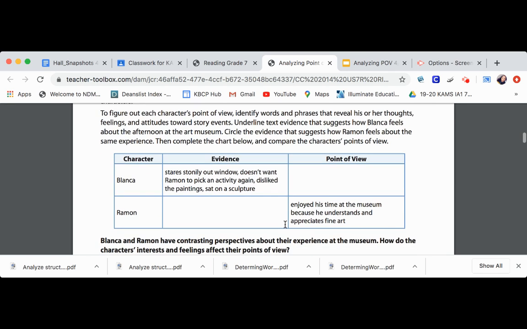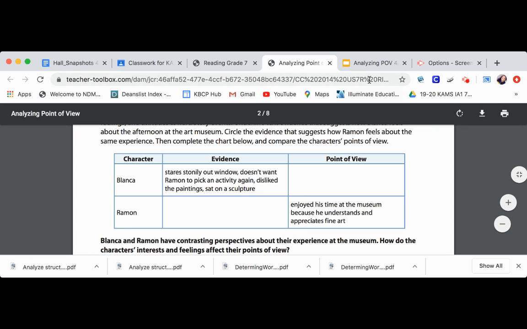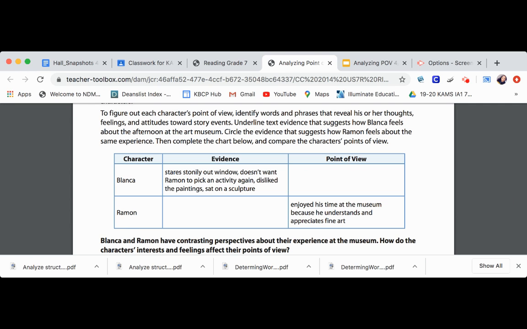And then I will do that same thing, finding all of Ramon's actions and then putting the evidence behind it. So the point of view that I would say for Blanca was doesn't enjoy art and thinks that museums are boring. And then that's just based off of the evidence.